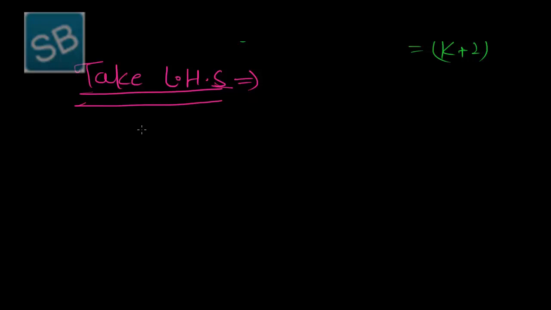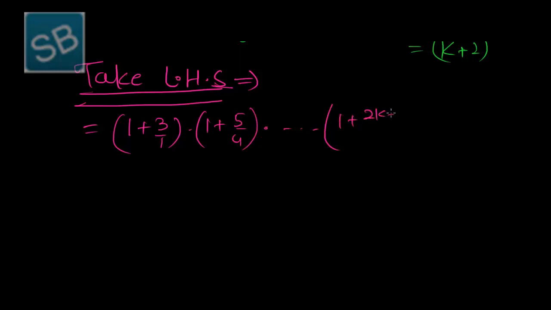So the left hand side is (1 + 3/1)(1 + 5/4) into (1 + (2k+1)/k²) into (1 + (2(k+1)+1)/(k+1)²).